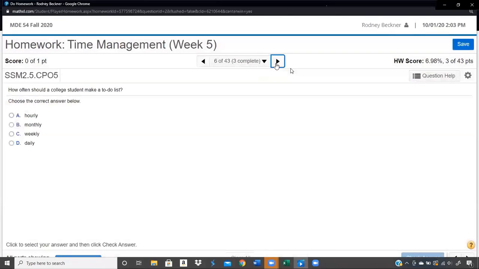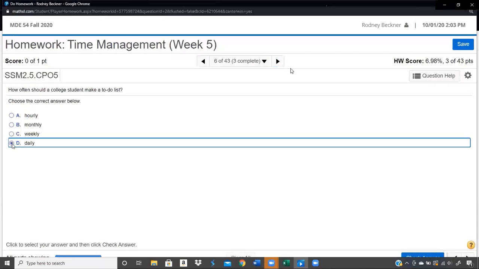How often should a college student make a to-do list? Hourly, monthly, weekly, or daily? So there's 2 answers in my head for this one, and it depends on how in-depth we're going to go with the to-do list. I'm a big fan of the daily to-do list, so my gut is to go with daily, but I also have talked about how we can take a whole week's worth of planning and section it out.